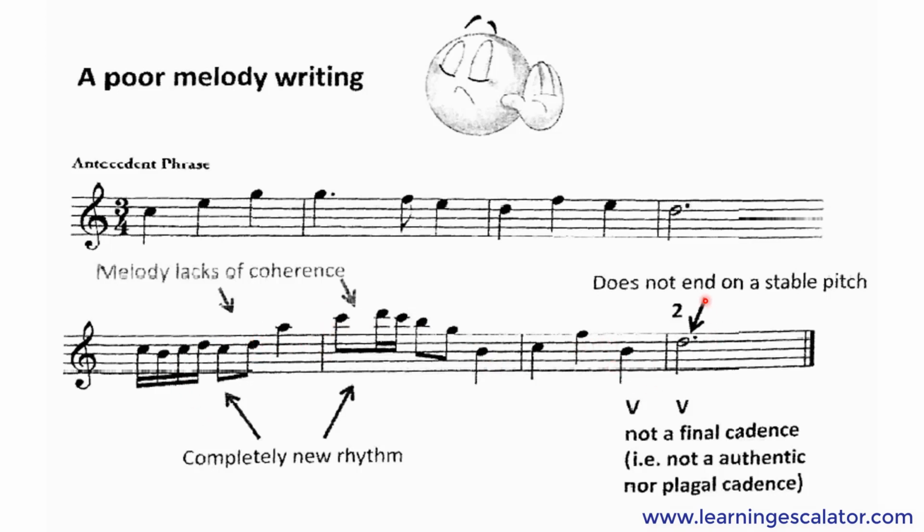And then over here it ends on the second degree. It doesn't end on a stable pitch, and it's not a final cadence, not an authentic or plagal cadence. So if you play this, it will sound very weird and bad.